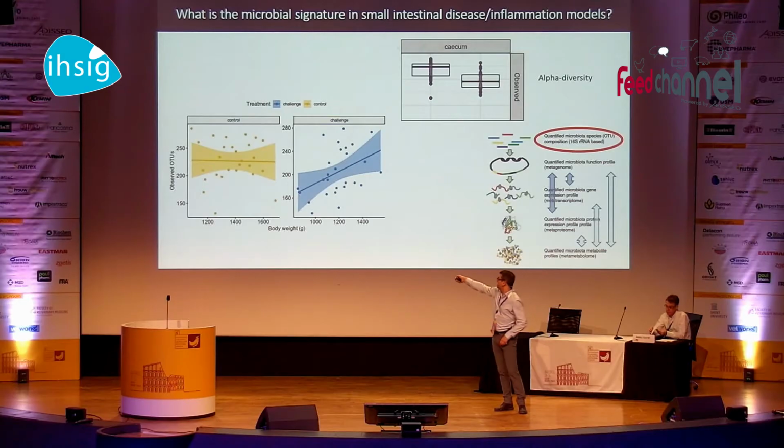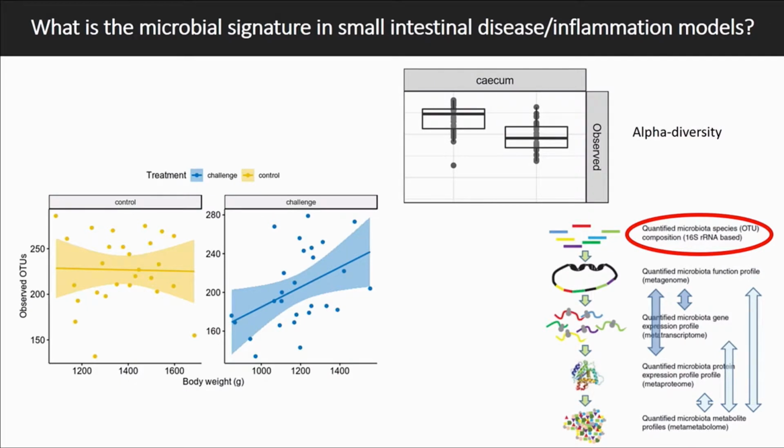In the control population, it's evident, well, animals that weigh a little bit less or more, they all have the same diversity. But in challenged animals, you see this very clear correlation, meaning that animals under challenge, and this has already been mentioned by Joël in the previous talk, animals under challenge with a high diversity, they have a higher body weight. They have less problems coping with the challenge, okay?